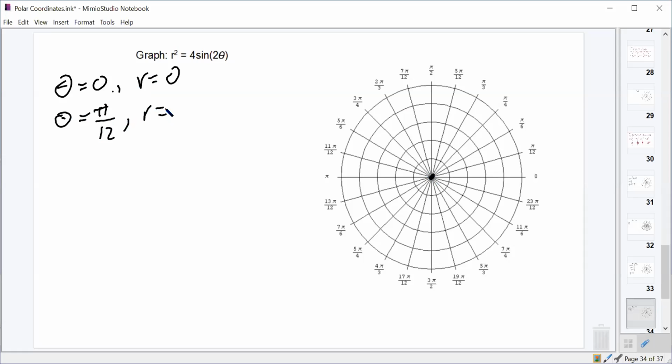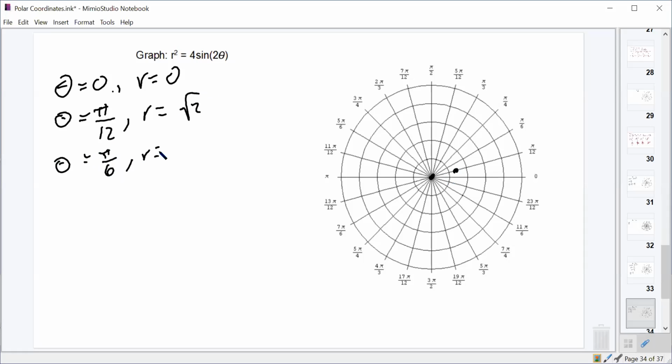What is r going to equal? Square root 2, right? So we're going to have square root 2 here, which is about what, 1.4, right? Put that there.